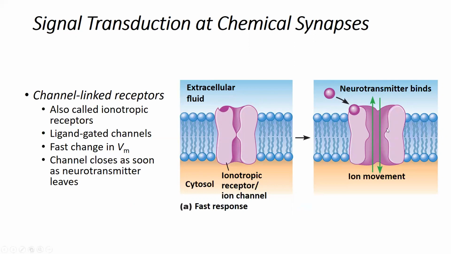When this channel opens, we have the movement of ions, and that will lead to a change in the membrane potential very rapidly. So we will rapidly depolarize this membrane, and we would spark another action potential. After the signal ceases, or after the neurotransmitter leaves, if the neurotransmitter dissociates from this spot, the channel will then close again. Okay, I hope that's clear. So we have a ligand binding to a receptor.